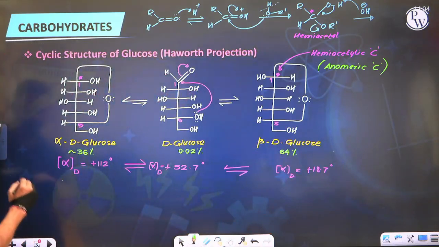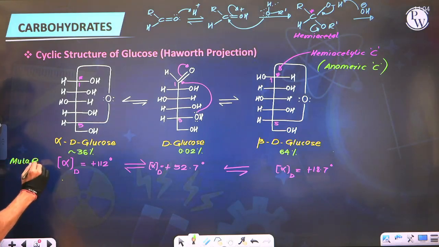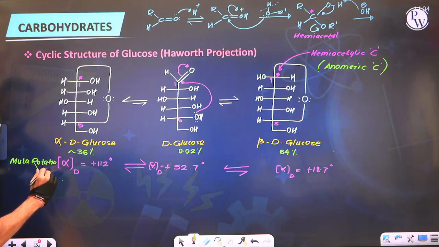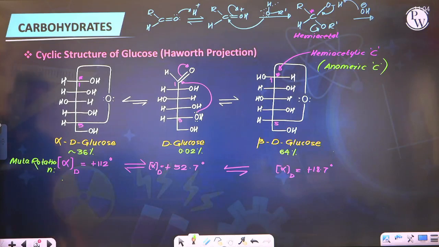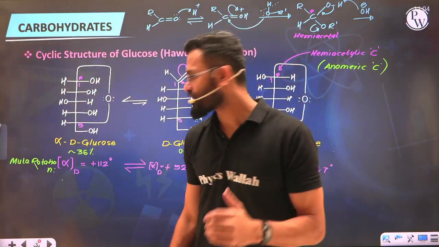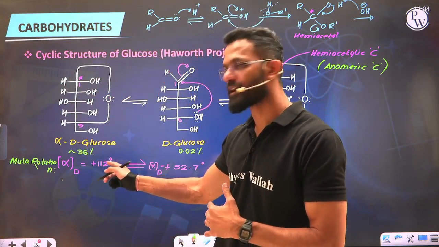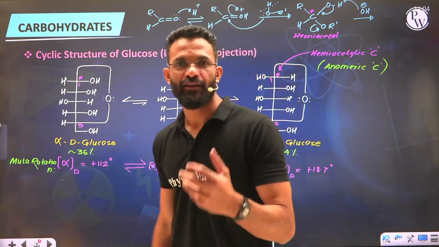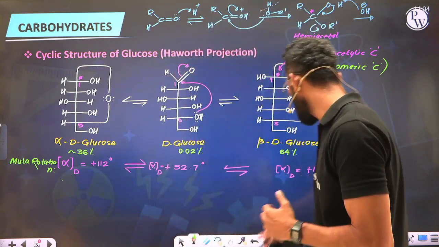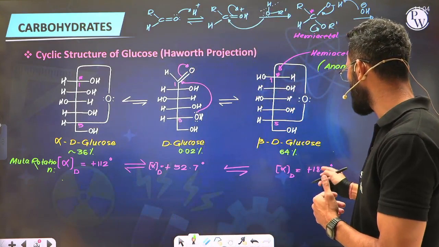So guys, what we have explained here is the phenomenon of mutarotation. If anyone asks you what is mutarotation, you will say a freshly prepared aqueous solution of the alpha anomer of D-glucose shows a specific rotation of plus 112 degrees. Similarly, a freshly prepared aqueous solution of the beta anomer of glucose shows a specific rotation of plus 18.7 degrees.